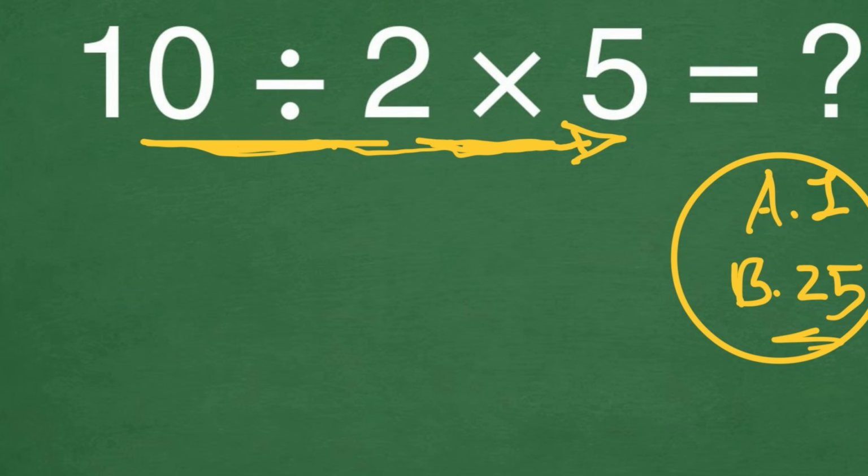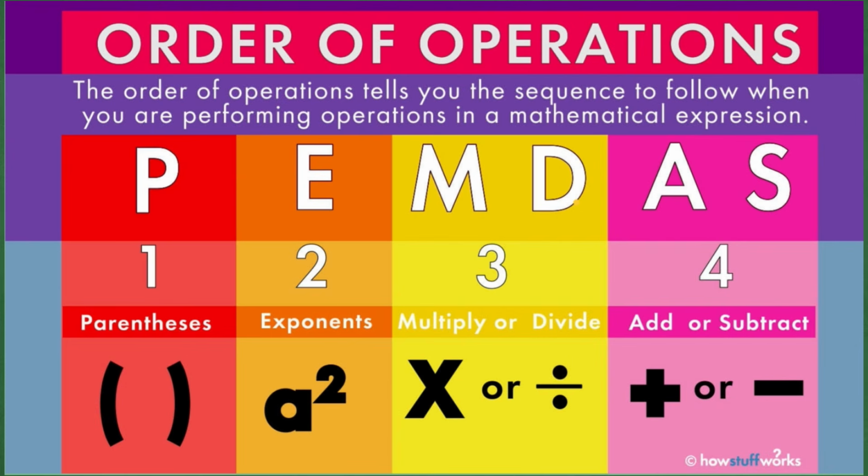So let me walk you through the rule. This is the rule, and it is called the order of operations, and it tells us which sequence to follow when we do operations. This is a fundamental rule, and it works for every equation. So you must remember this rule and not forget it.